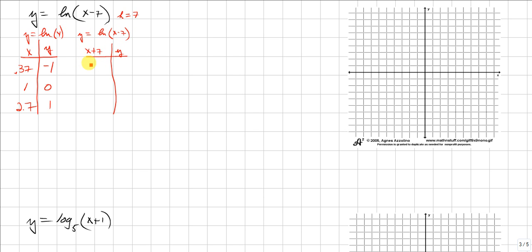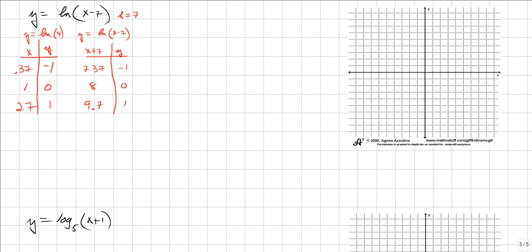So I've got 7.37, negative 1; 8, 0; and 9.71, 1. I'm going to plot that in just a second.